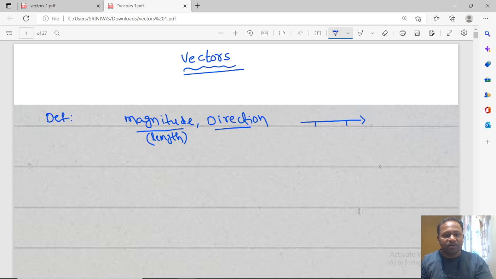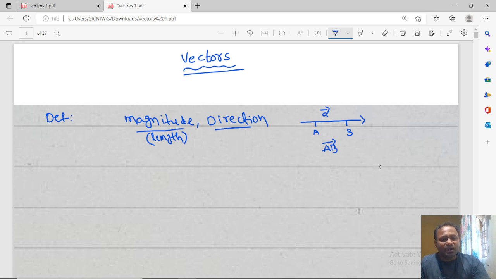This is called a vector. Generally we denote it as a bar, or if we take this as the initial point and this as the terminal point, we can represent the vector in the form of AB bar.